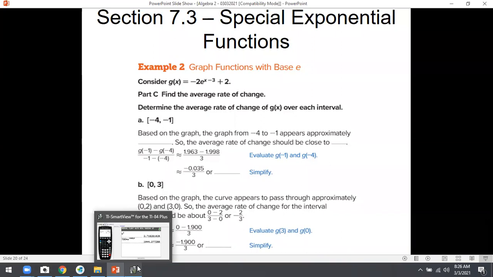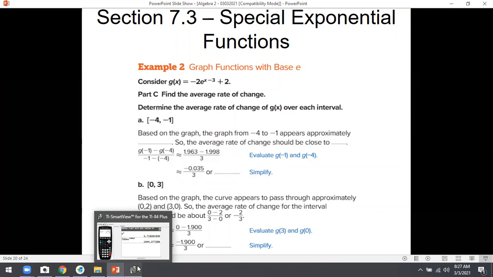What they mean by this is if you found a point at -4, there's a point at -4, would you agree? And then you went all the way over to -1. There's a point on the graph, right? All they're asking for when they ask for average rate of change is the slope between those lines. So what's the slope of that blue thing right there? That's the main thing.